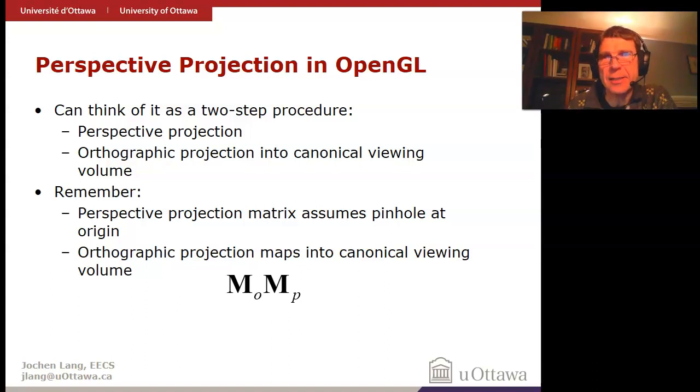So when we look at the perspective matrix and the orthographic matrix, which we just put together, the overall effect of perspective projection is to apply the perspective projection on the points and then the orthographic to get the overall effect.